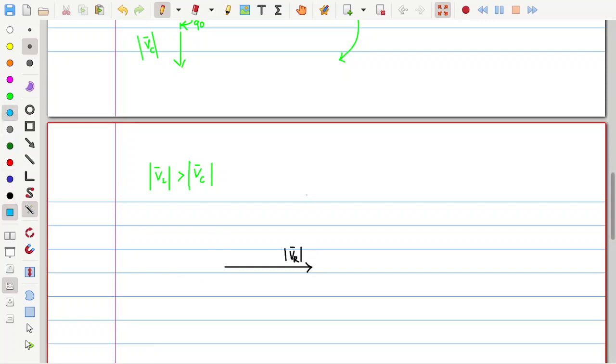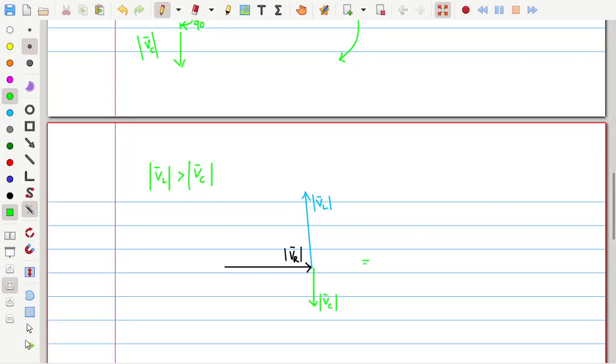VL is more value, so I am trying to put VL on the tip of VR. This is the VL magnitude, and the VC magnitude is downward, but it is lesser value. Now see that this is VR, this is VL, this is VC.